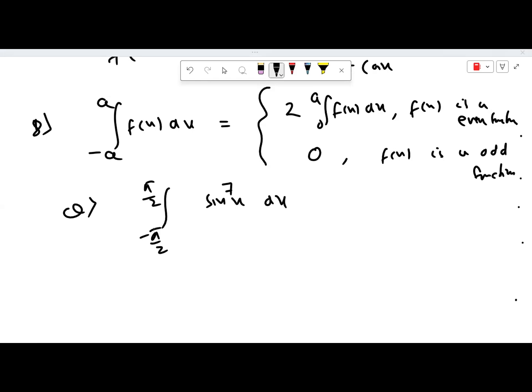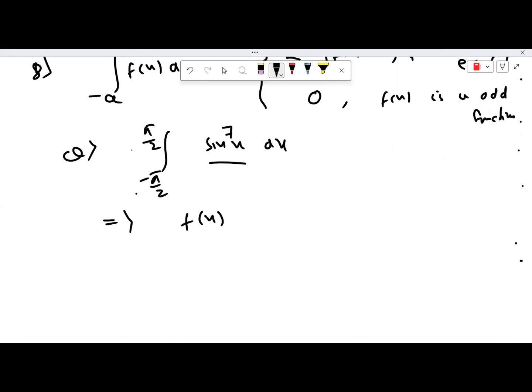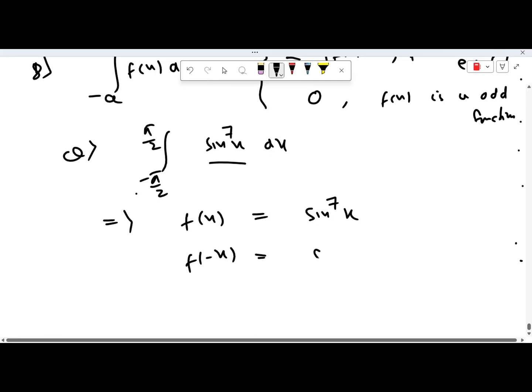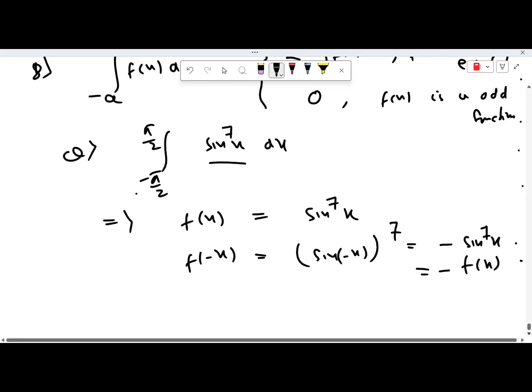All right, how to solve this? Let's check if this function is even or odd. Whenever you see minus a to a, always check for this. So f of x is sine to the power 7 of x. Let's check f of negative x. So it will be sine of negative x to the power 7. So it will be negative sine 7x, which is negative of f of x. Clear?